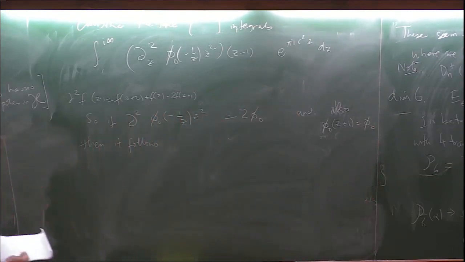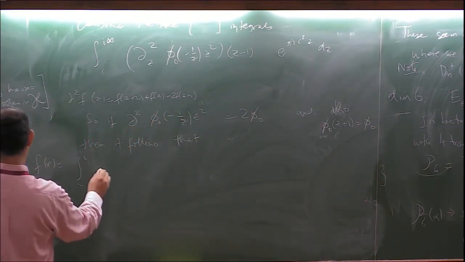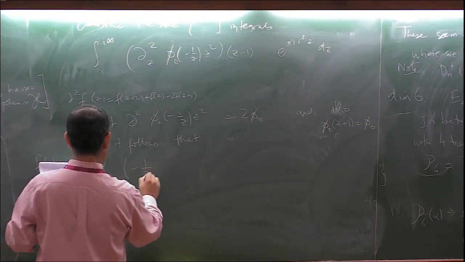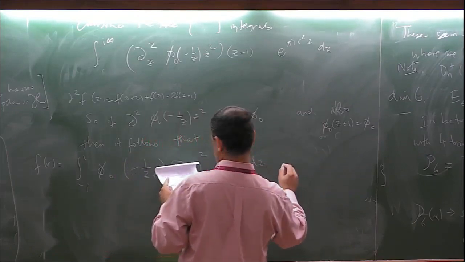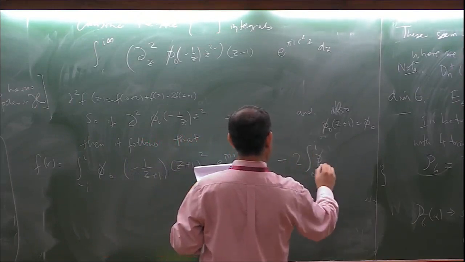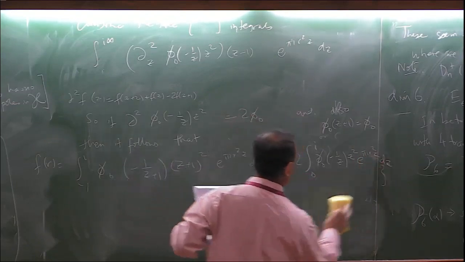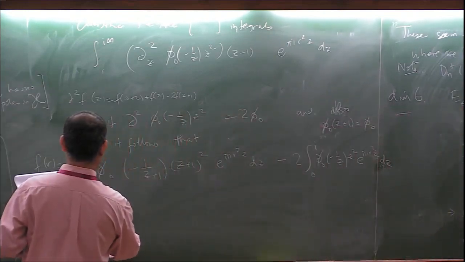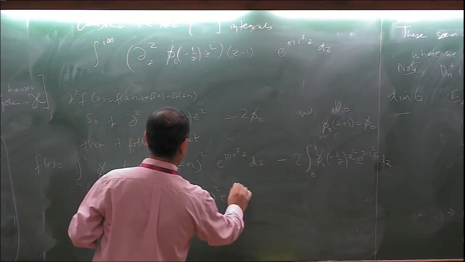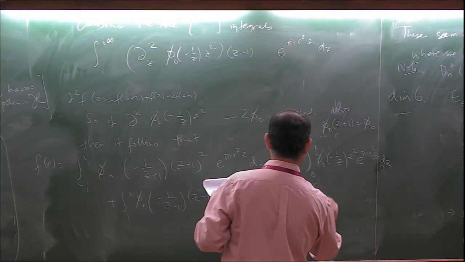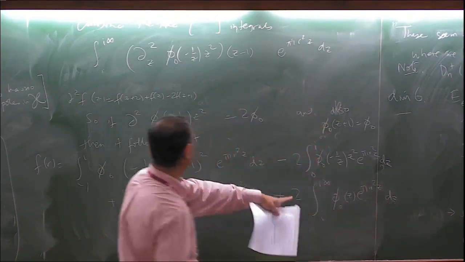So if phi 0 is invariant under translation by 1, then it follows that f of r is the integral from minus 1 to i of phi, these three integrals, plus the new one that we're going to get, so plus the integral from 1 to i of phi 0 of minus 1 over z minus 1, z minus 1 squared, e to the pi i r squared z dz, and then this final thing simplifies to the integral from i to i infinity of just phi 0 of z e to the pi i r squared z dz.